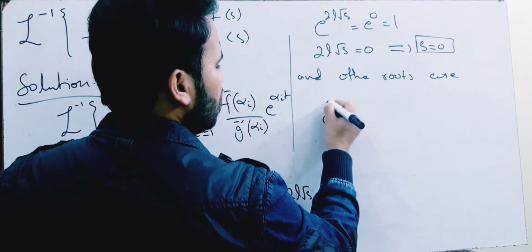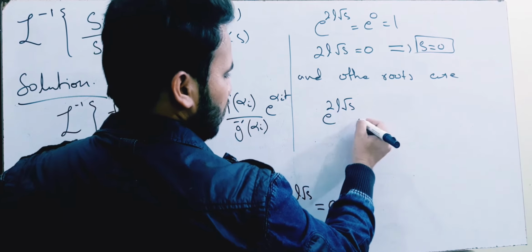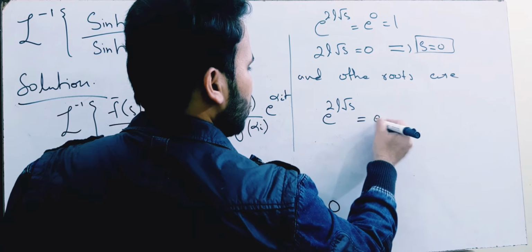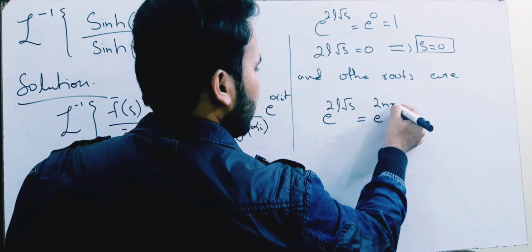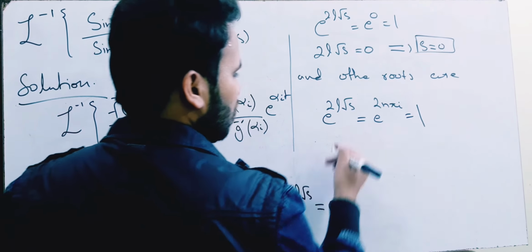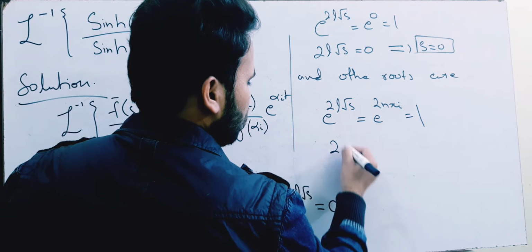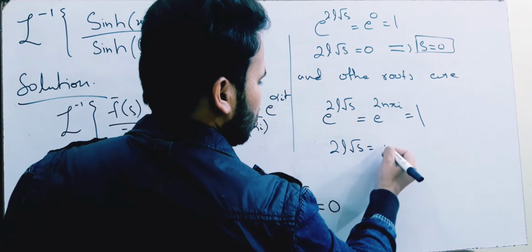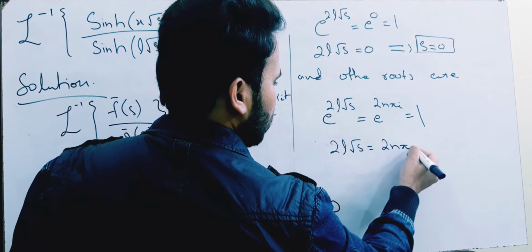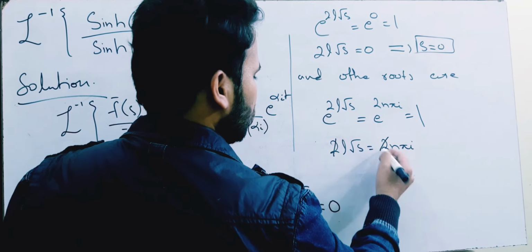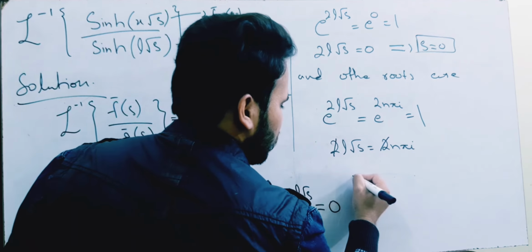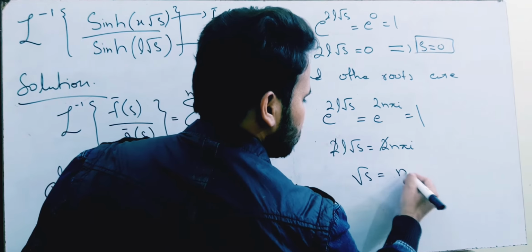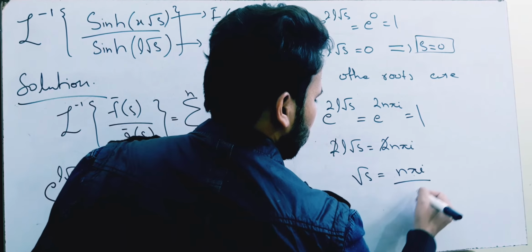e power 2l square root of s equals e power 2n pi iota equals 1. So equating powers, 2l square root of s equals 2n pi iota. Dividing by 2, square root of s equals n pi iota over l.